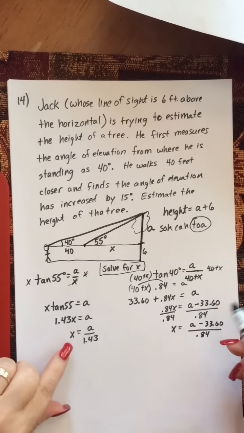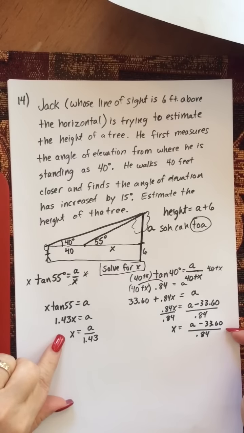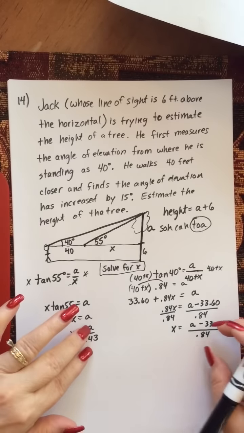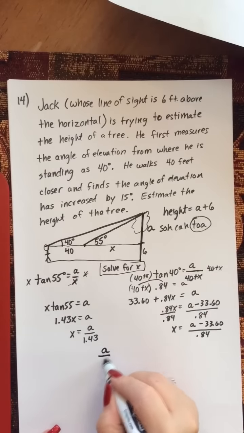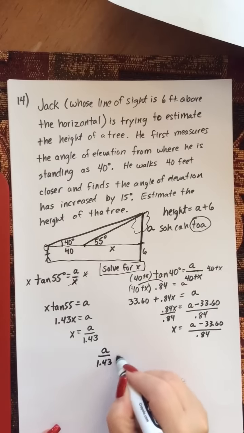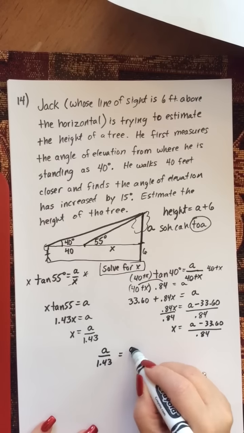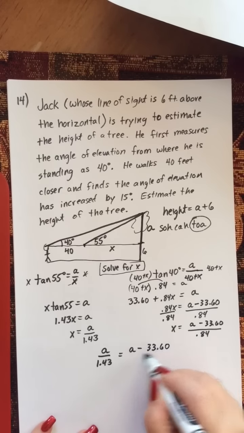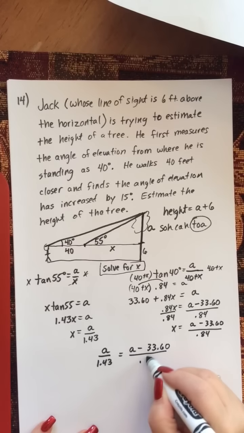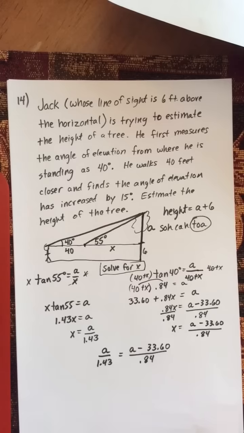Since both of these, this and this, are both equal to x, I'm going to set the things with the a's in them equal to each other. So I'm going to say a divided by 1.43 is equal to a minus 33.60 divided by 0.84. It doesn't look like that friendly thing, but you could actually just cross multiply and solve.